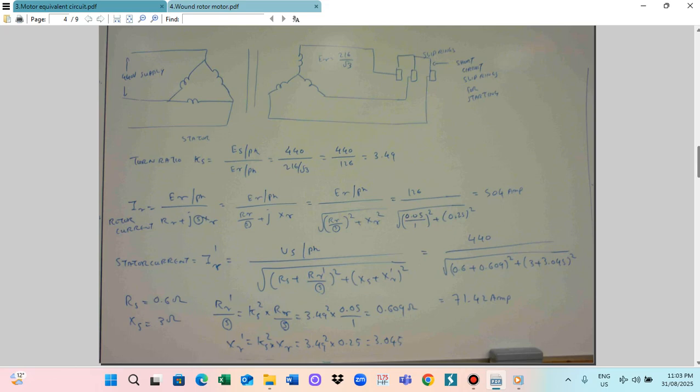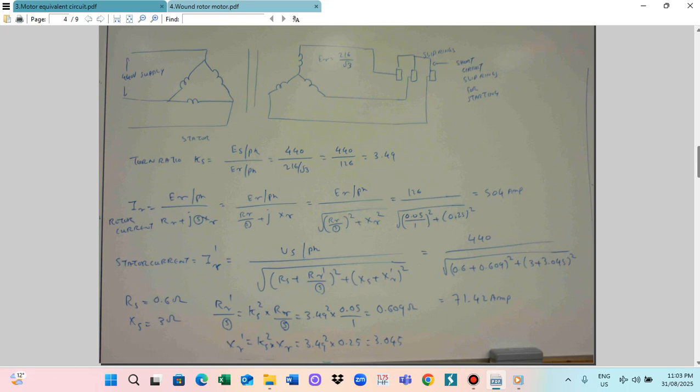So the square root of 440 divided by the square root of R_S, you substitute 0.6 plus R_R' by S, 0.609, squared, plus X_S is 3 plus X_R', which is 3.045, squared.